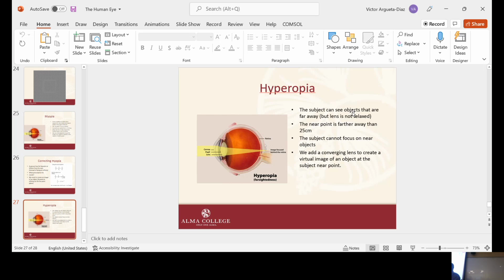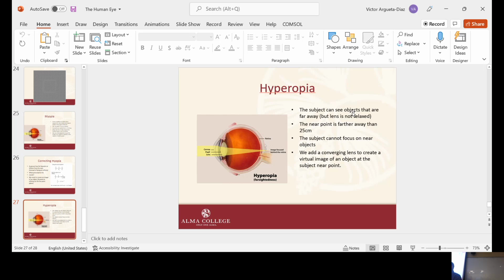We can usually see things very close. You can grab a book or your phone and put it at a comfortable distance, but your eyes cannot focus anymore, so you need to move it far away until it focuses.